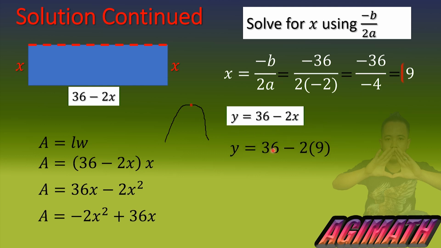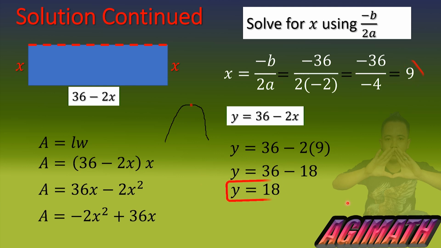So we are just going to substitute 36 minus 2 times x, which is 9. So that's 2 times 9, which is equal to 18. So 36 minus 18 is equal to 18, meaning the width is 9, the length is 18.